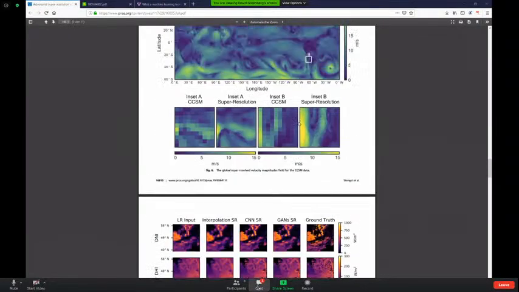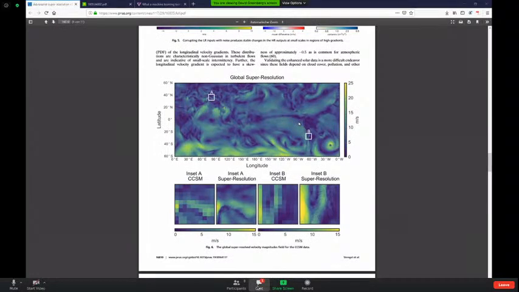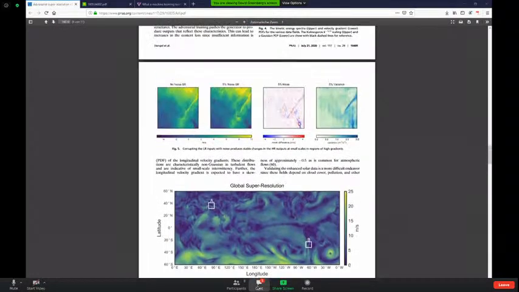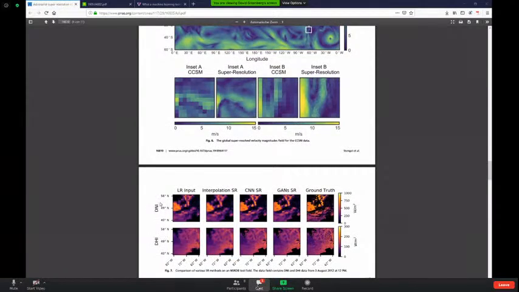Just as they have two channels for wind, the zonal and meridional wind speeds, we also have two channels here. And again, correct me if someone is more of an expert on this terminology than I am.